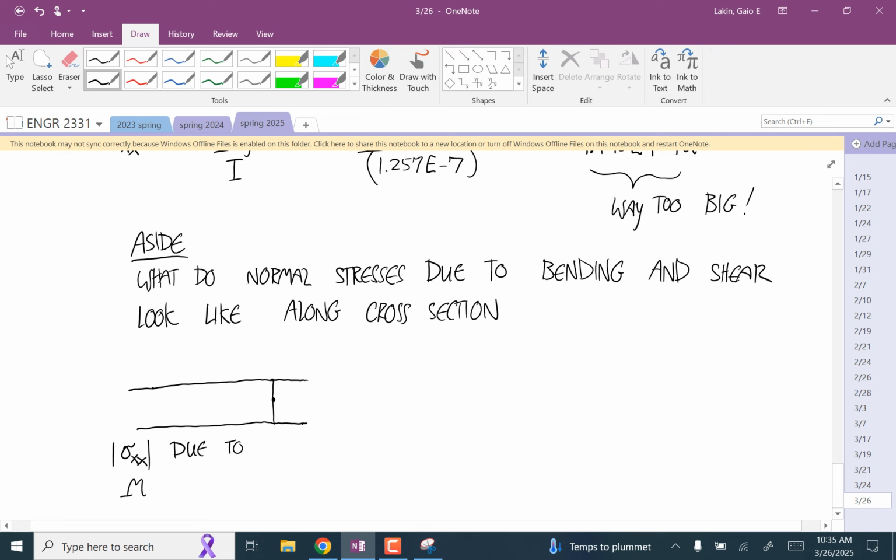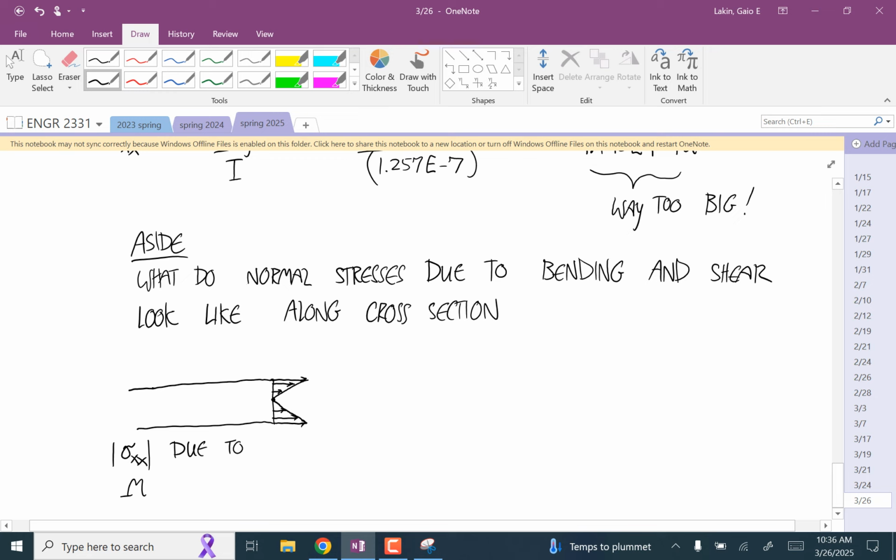It's 0 at the neutral axis, and it changes linearly as you go away from the neutral axis. So it's 0 at the neutral axis, and the biggest is at the top and the bottom.